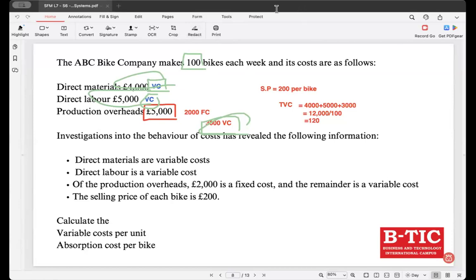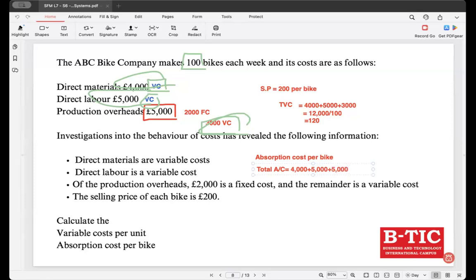Absorption cost is basically the total cost of the product. So absorption cost per bike: first, let's find the total absorption cost. I'm going to calculate 4,000 plus 5,000 plus 5,000, because when it comes to absorption cost, it doesn't distinguish between variable and fixed cost.